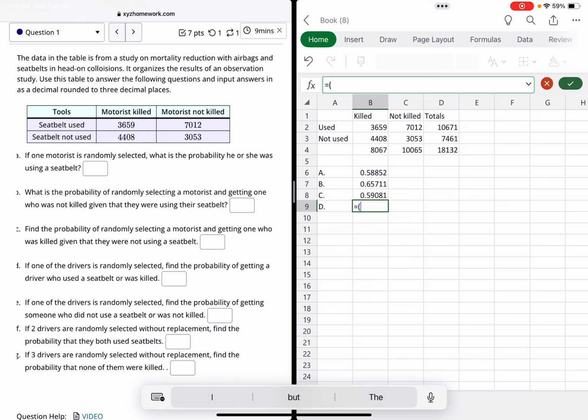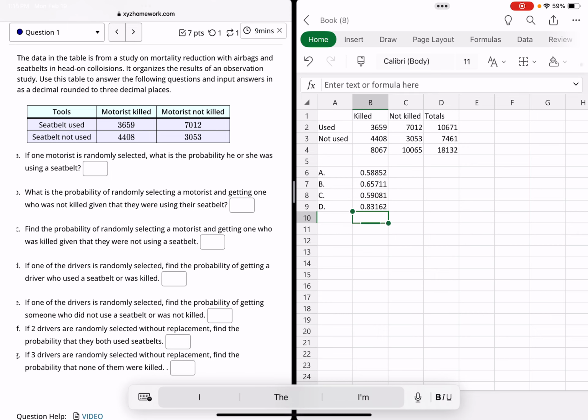So I'm going to be adding up: used a seatbelt, that one, plus that one, or was killed, plus that one, divided by the grand total. All right, so I think that's that. Did I divide by the grand total there? Yes, I did. Okay, good. All right, now I'm at E.